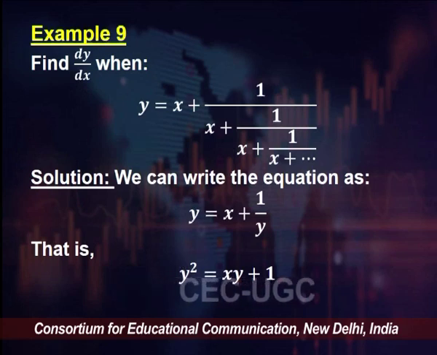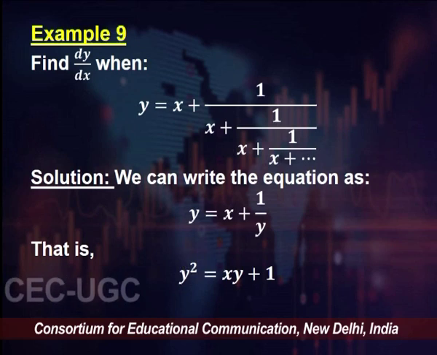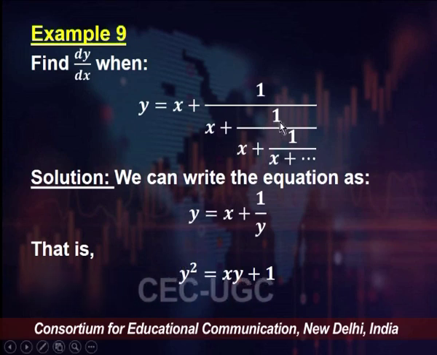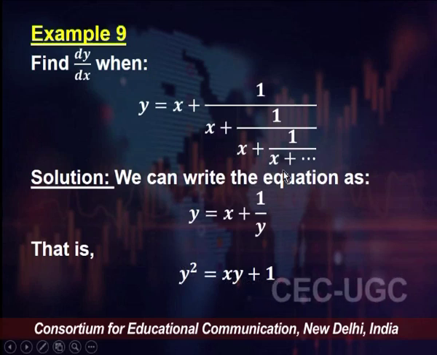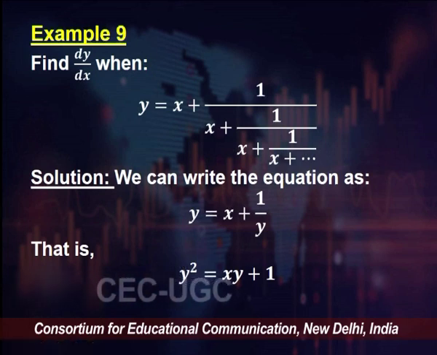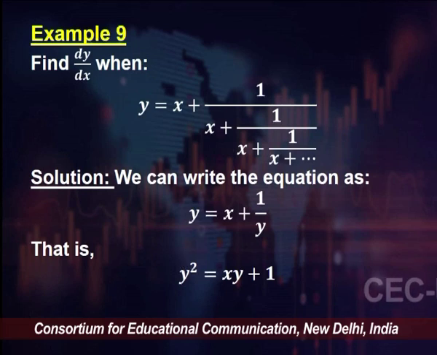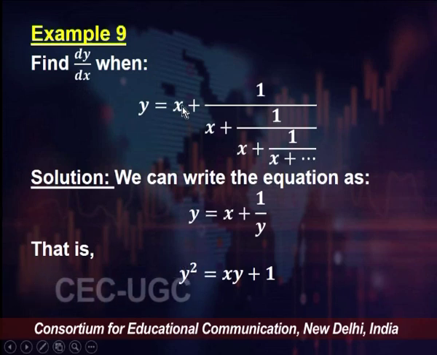Okay, so we will end this video with one more example, which is slightly different from the ones that I've done earlier. Here you have y expressed as an infinite series: y equal to x plus 1 by (x plus 1 by (x plus ...)), and it just goes on. Because we have an infinitely large number of terms, we could always ignore one of these terms, let's say x.